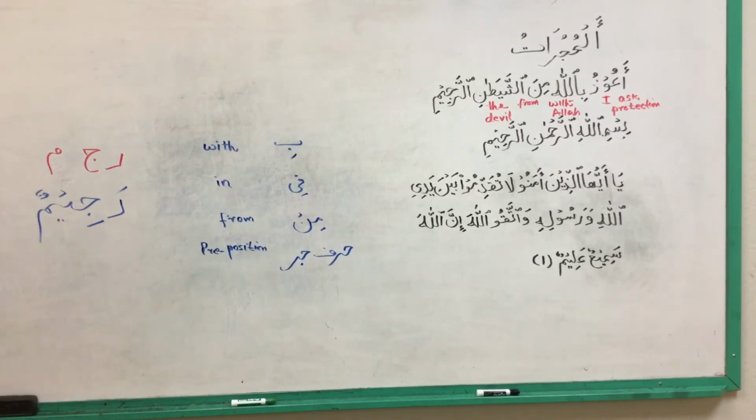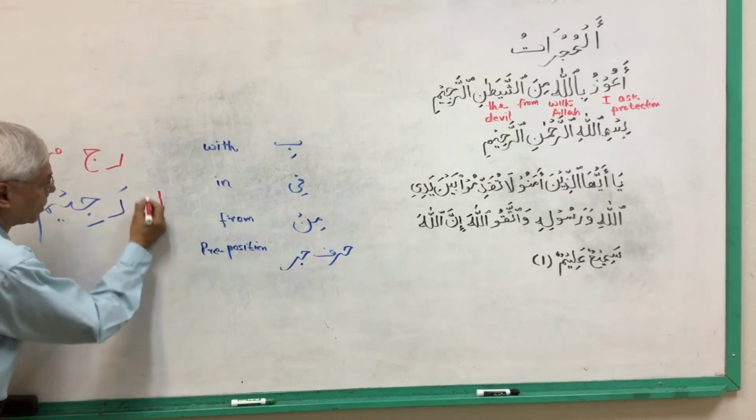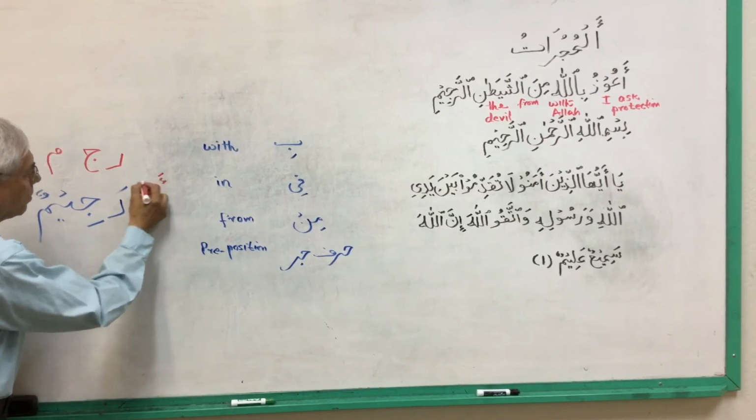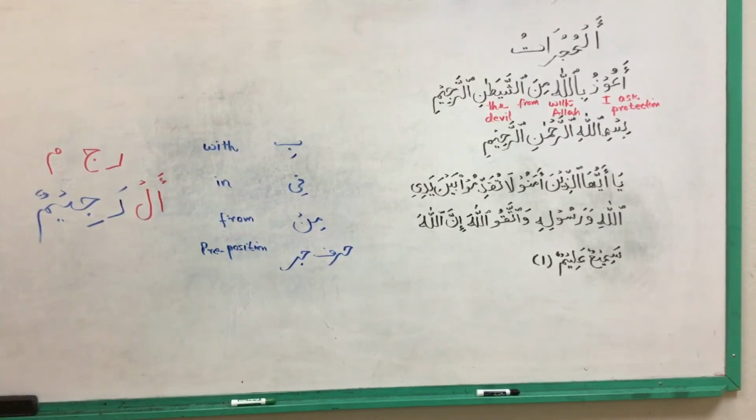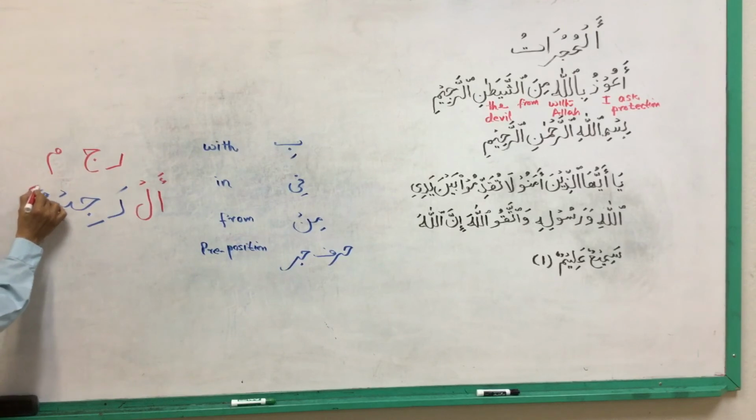Rajimun is the one who has the intensity of curse, or you want to throw a lot of stones on him. Then you put al before that. First thing it will do is change this to one dhamma.